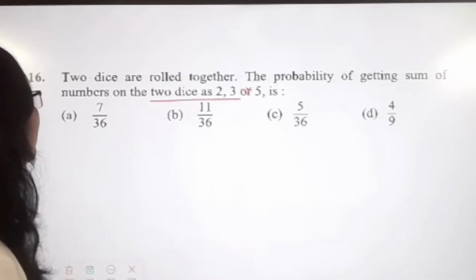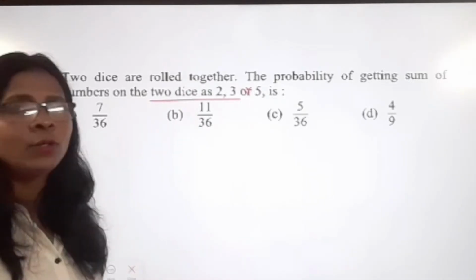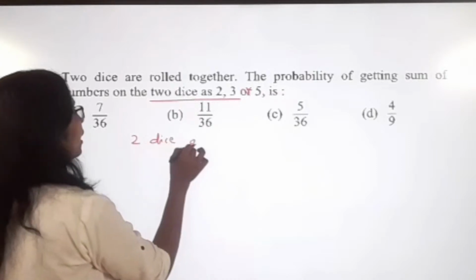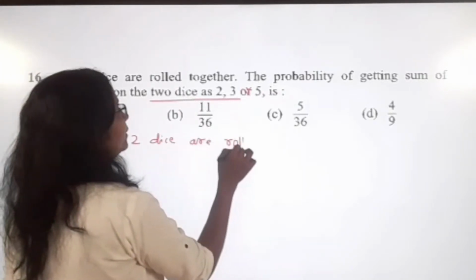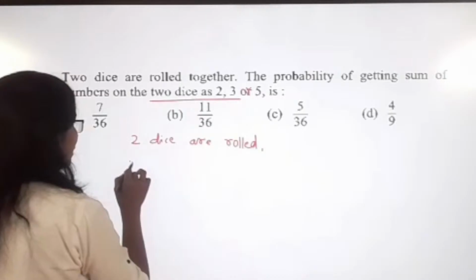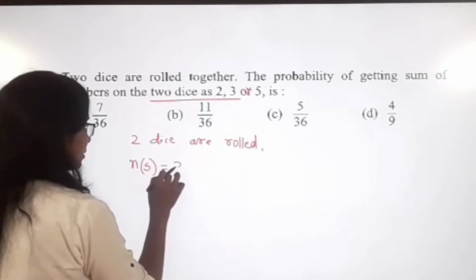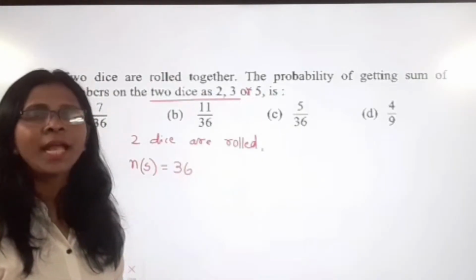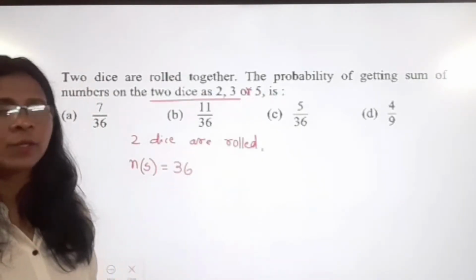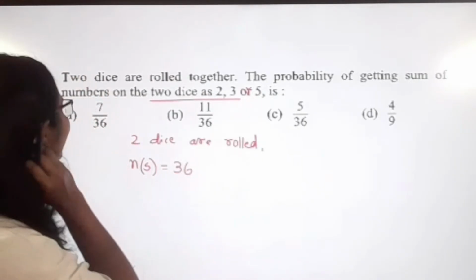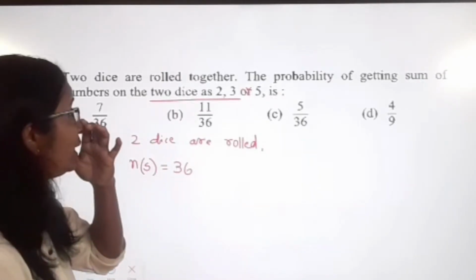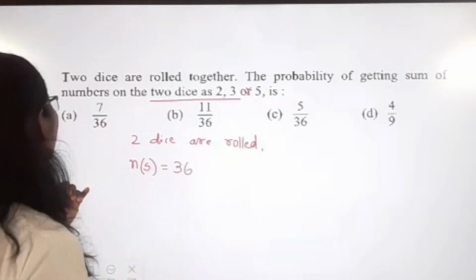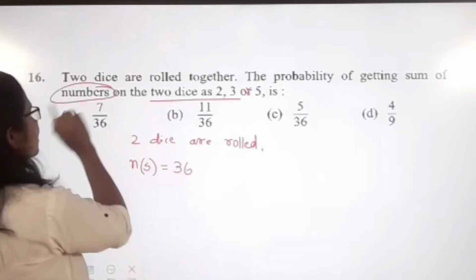Yes. First here, students, the two dice are rolled. First I write down two dice are rolled, and that means students the outcomes are 36. Do not write that, but we have to only write down that n of S is equal to 36. And then students, here the probability of getting sum of numbers.